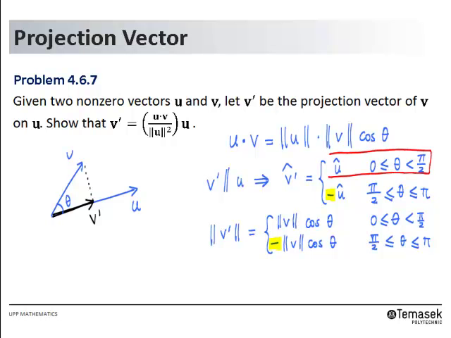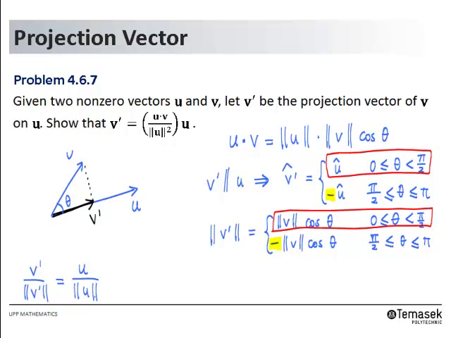So let's consider the case where theta is between 0 and pi over 2. Now we start with the fact that v prime hat, which is v prime over the norm of v prime, equals u hat, which is u over the norm of u. This will imply v prime equals the norm of v prime over the norm of u, times u.